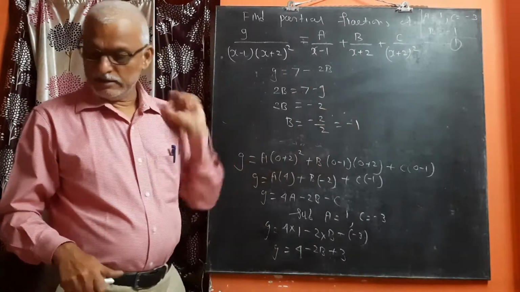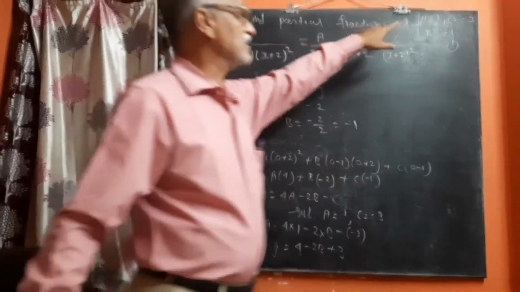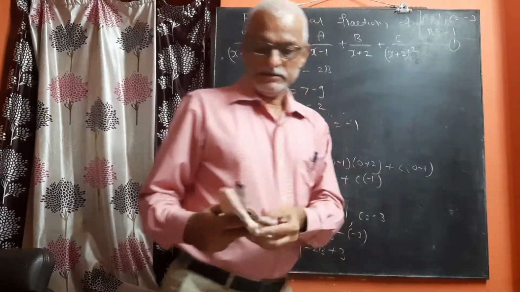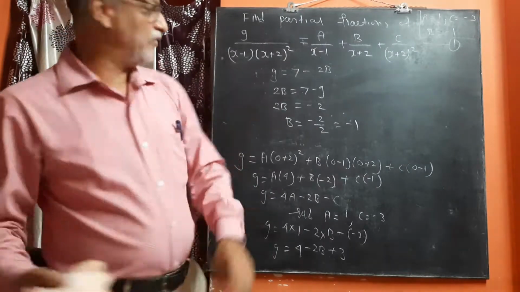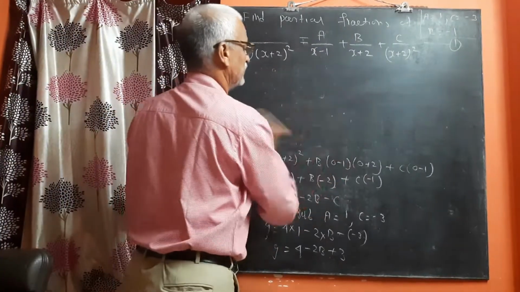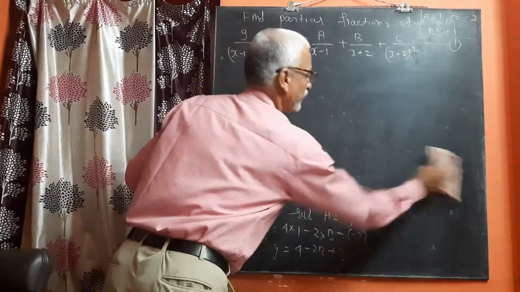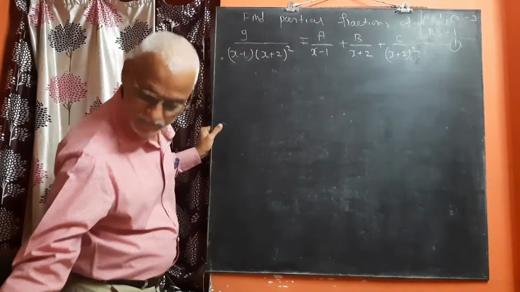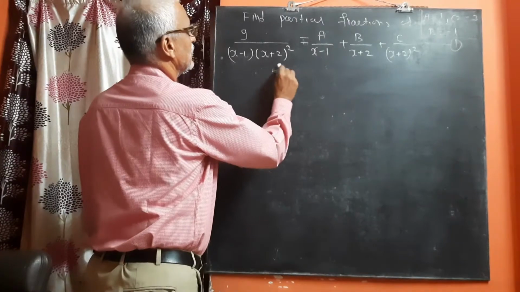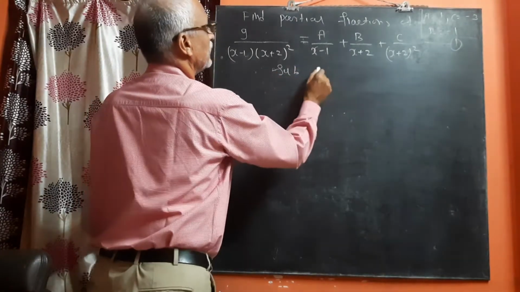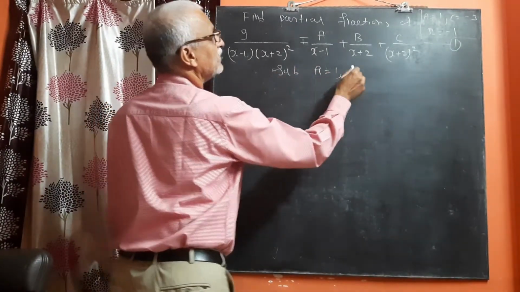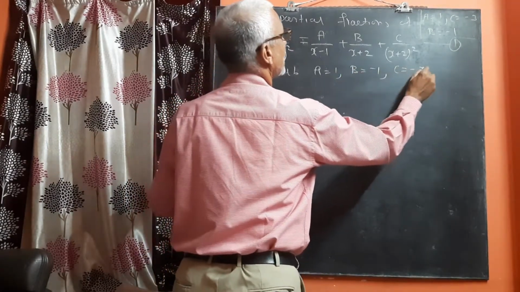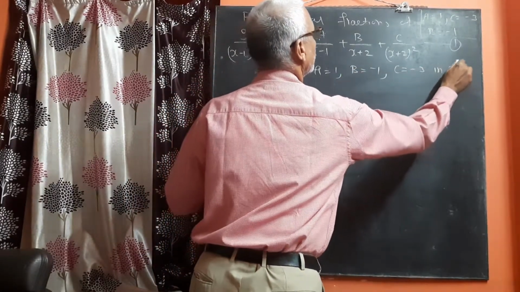Now we have got all three constants, a equals 1, c equals -3, and b equals -1. Substituting a equals 1, b equals -1 and c equals -3 in equation 1.